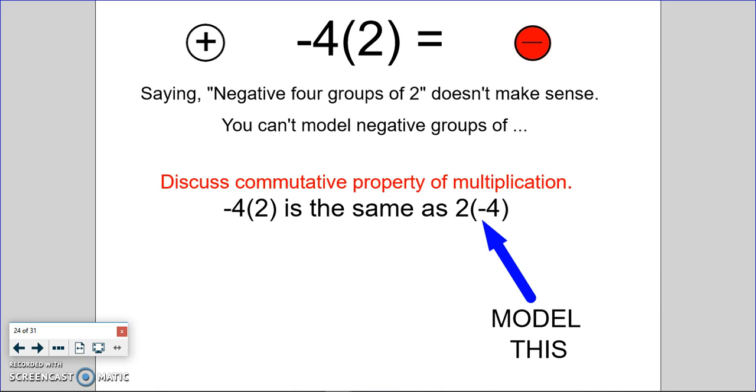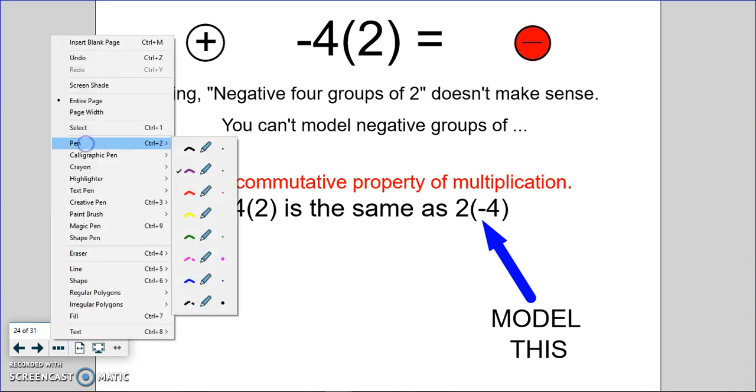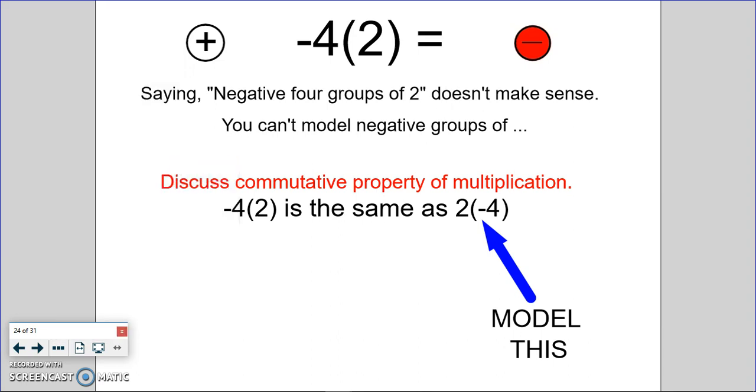The first way is what's on the screen right now, where you could use the commutative property of multiplication. So the commutative property of multiplication says that I could switch my order around, the order that I multiply, so switching that -4 with the 2, and then saying, well, that's the same as 2 times -4, and then modeling the 2 times the -4.